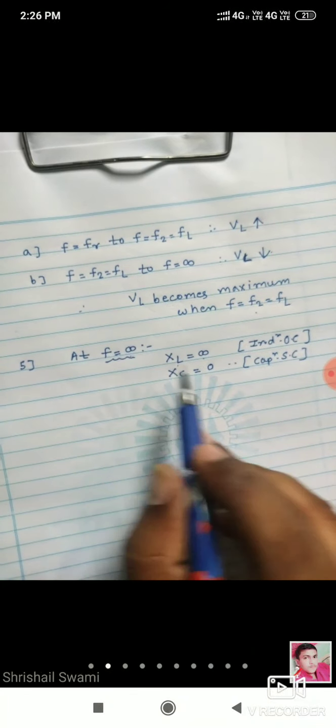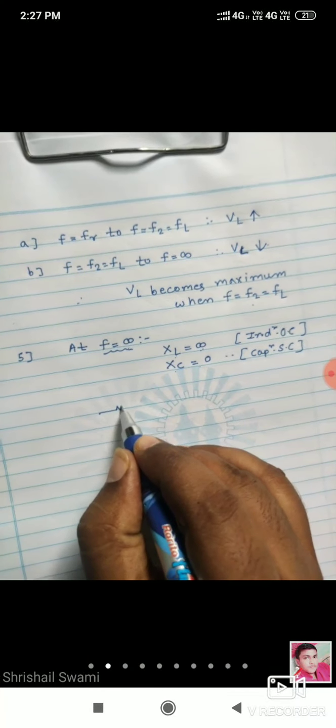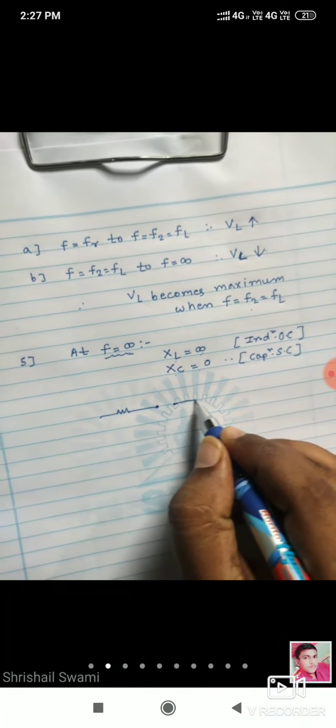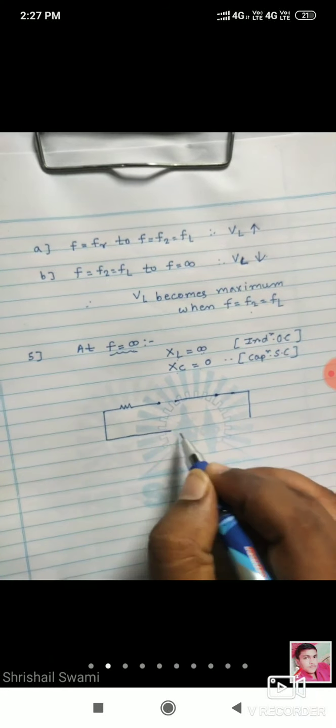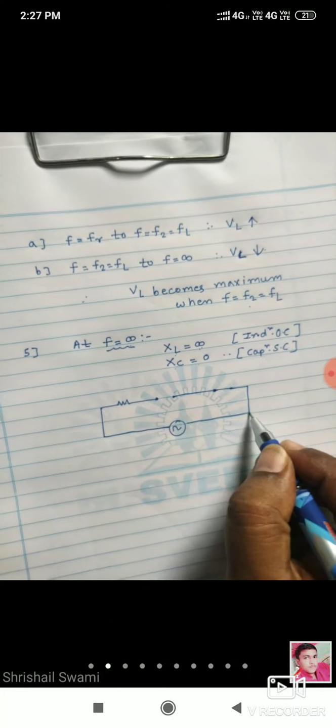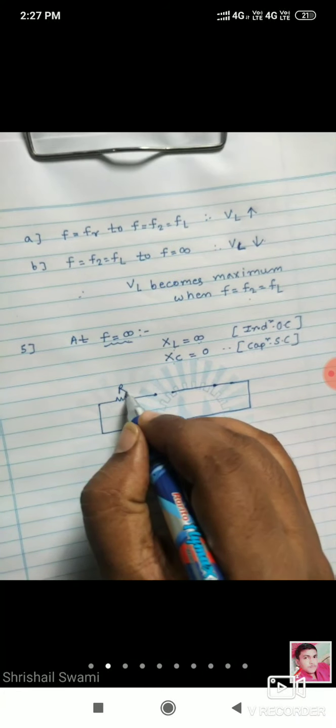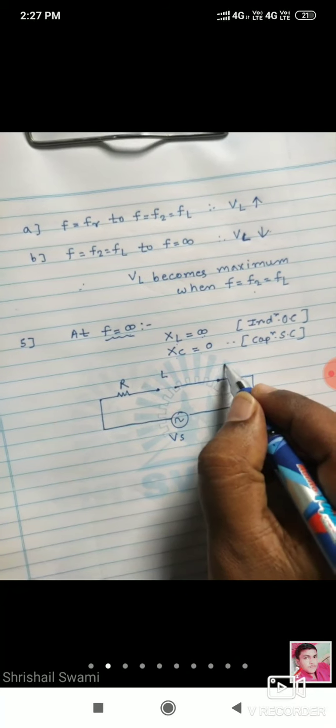At F is equal to infinite, the inductor becomes open, the capacitor becomes short. So the new diagram will be, this is the Vs, this is the R, this is the L, this is the C.